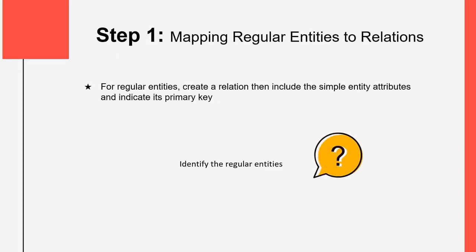Based on the ER diagram, the first step is mapping the regular entities to relations. So for regular entities, we will create a relation, then include the simple entity attributes and indicate its primary key. So let's identify the regular entities.